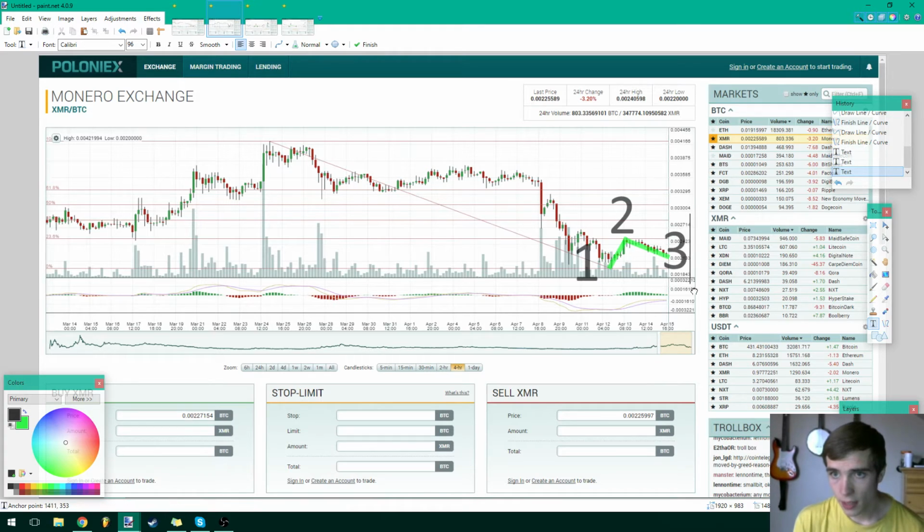So these are some potential 1, 2, 3 bottoms that could be forming that I'm drawing right now.